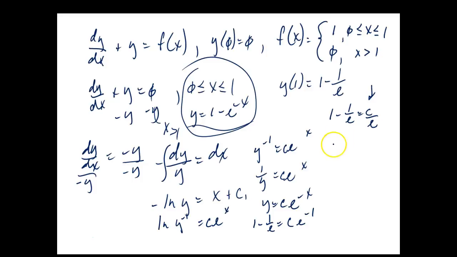So this would then be e minus 1 is equal to c. All right, so then to get continuity to work, this solution here would then be y is equal to e minus 1 times e to the minus x.